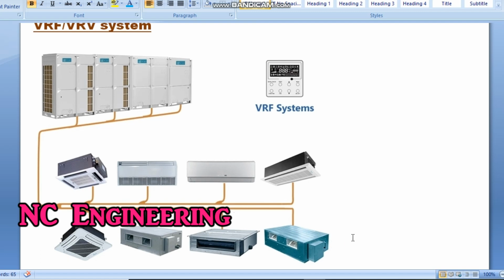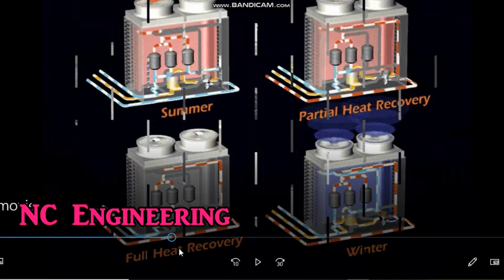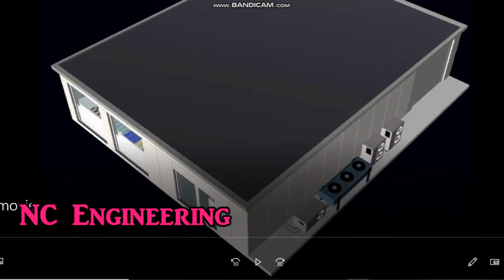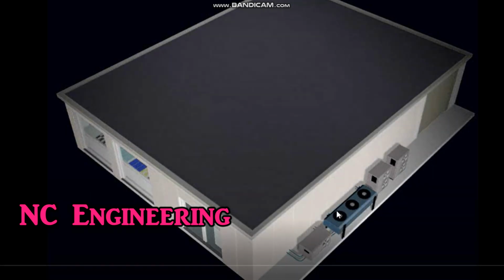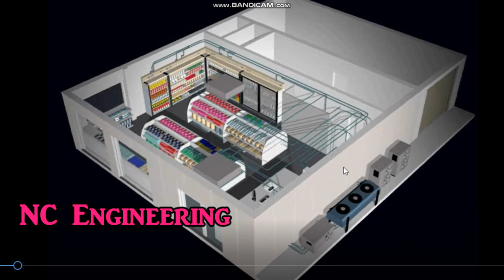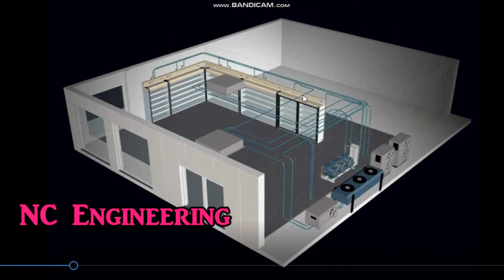We can make one comparison in one small short video. If you see, this is one mall and we have 4 split ACs, 1, 2, 3, 4, and we will see these 4 outdoor units. There is a big network of piping for the indoor units.